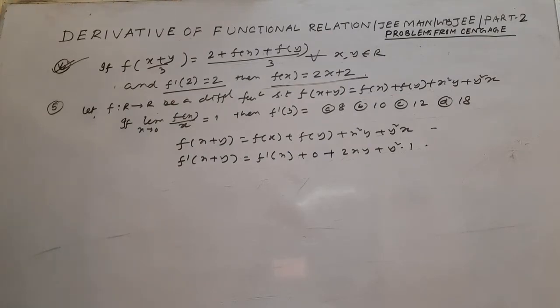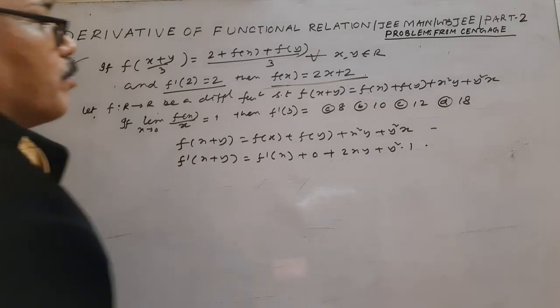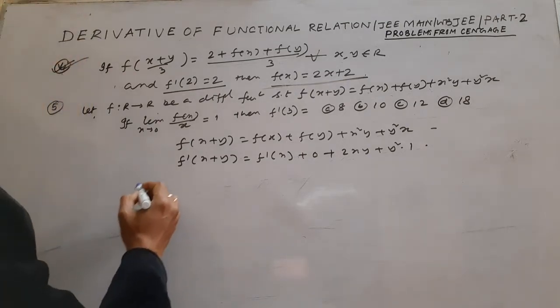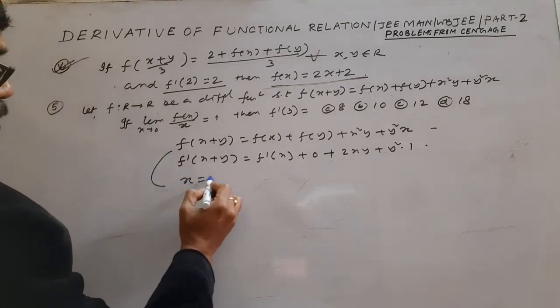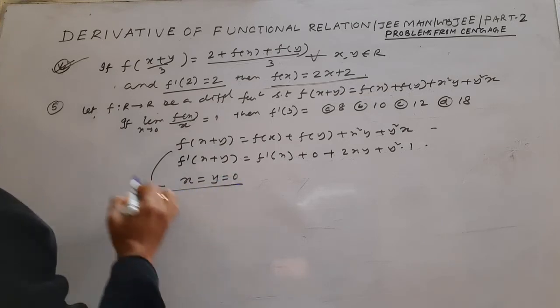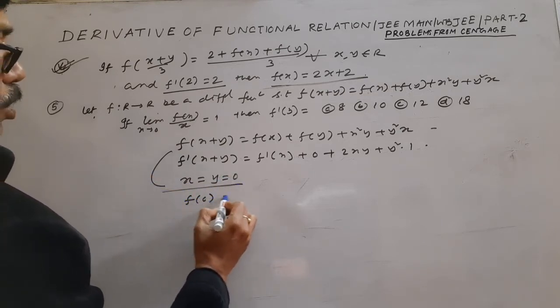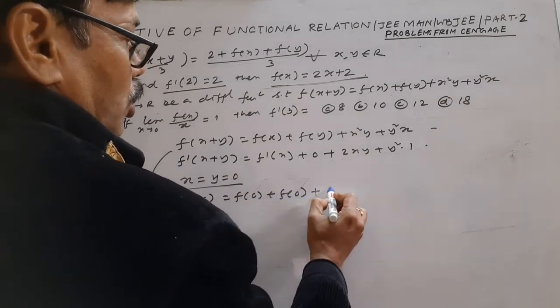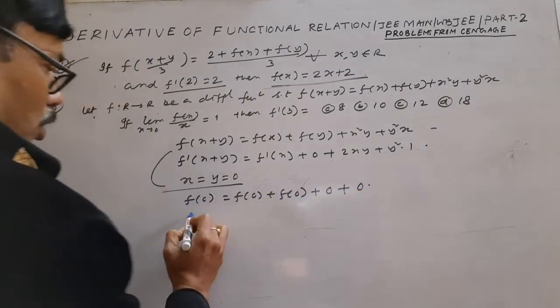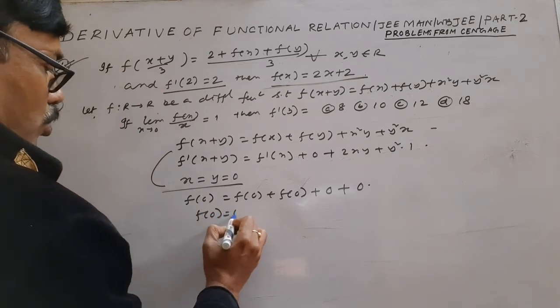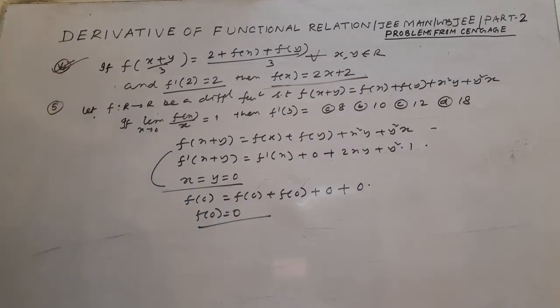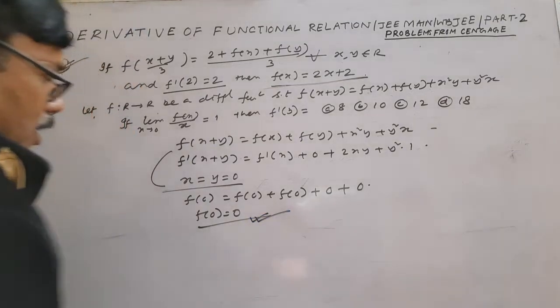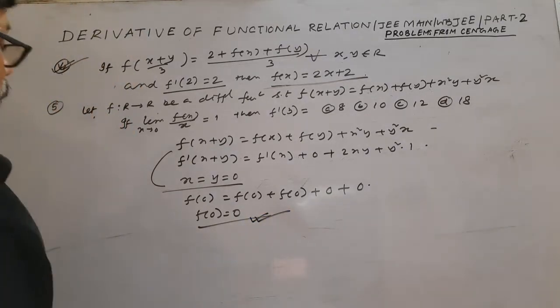We are getting this. Now see the restriction. Now if we put x equals 0 and y equals 0, f(0) equals f(0) plus f(0) plus 0 plus 0. So f(0) equals 0. We are getting one condition, that is f(0) equals 0.